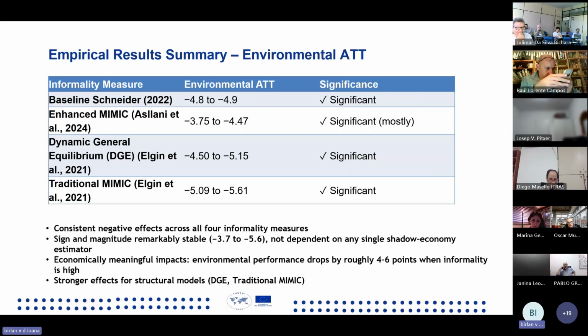We say significant mostly because for the enhanced MIMIC approach, some of the matching techniques had a lower significance. So they weren't at 0.05, they were at 0.1, so 90% significance. We also saw from our study that there were stronger effects for the DGE and traditional MIMIC approach for the environmental pillar.